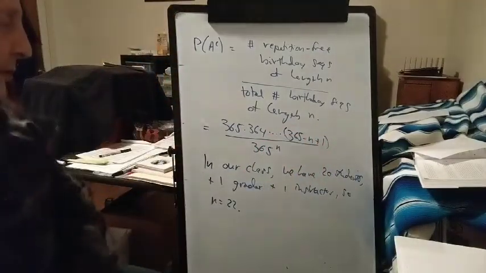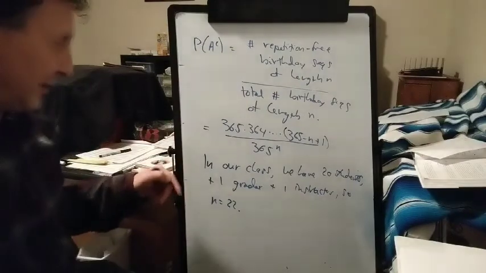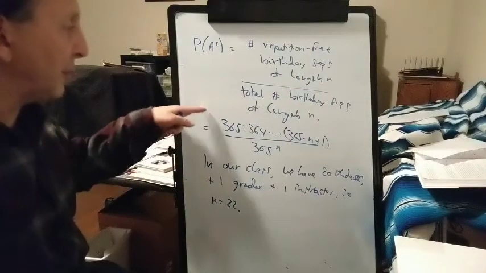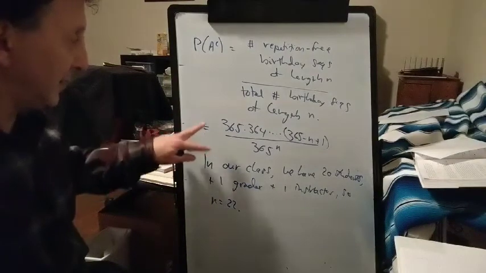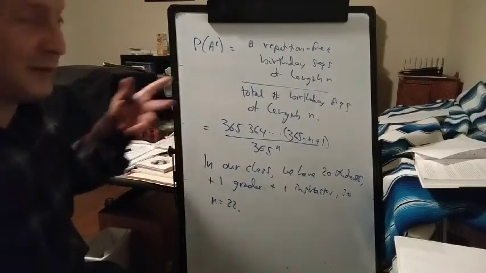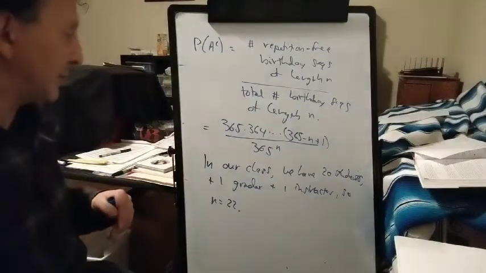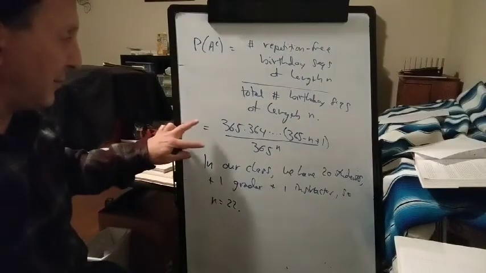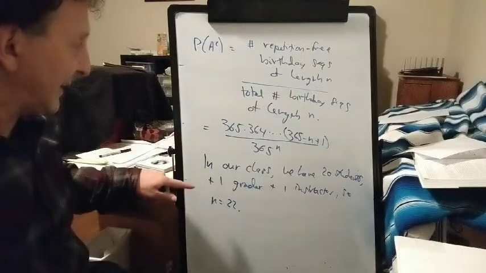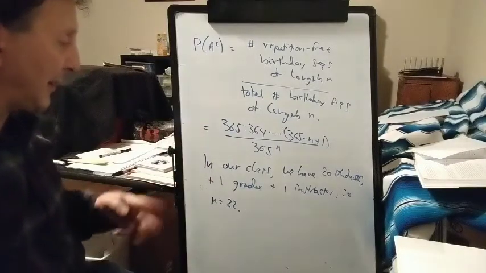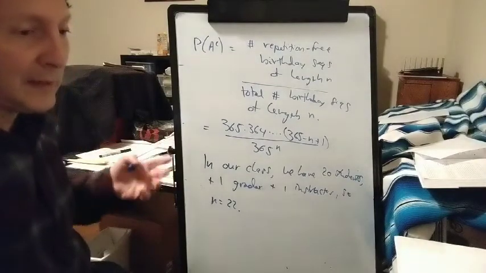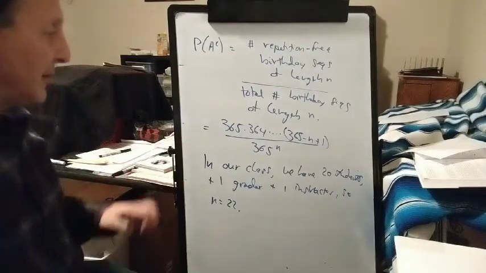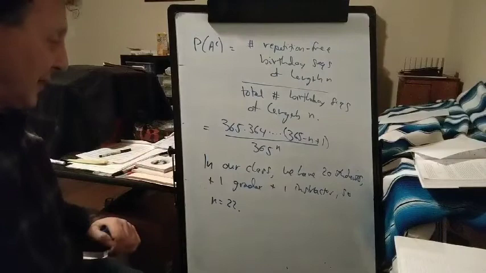It's a little hard to plug this into a calculator because the numerator alone gets very big, and the denominator alone gets very big. It turns out to be a number between 0 and 1, so it's not a terrible number, but I wasn't able to get an exact answer here. But we can see from the book that when n equals 22, this number is slightly greater than 1/2.